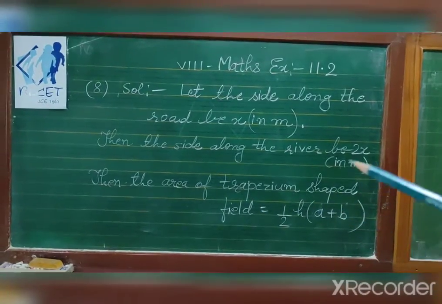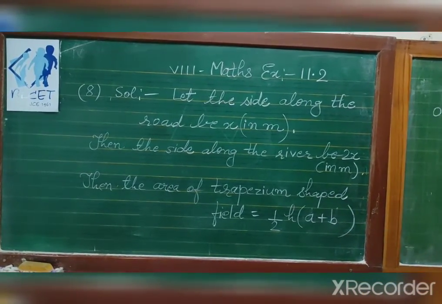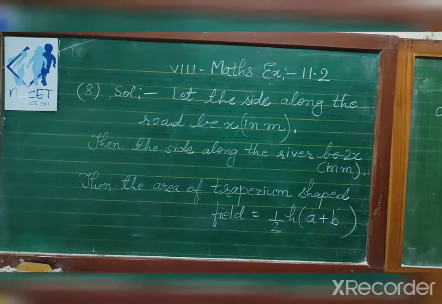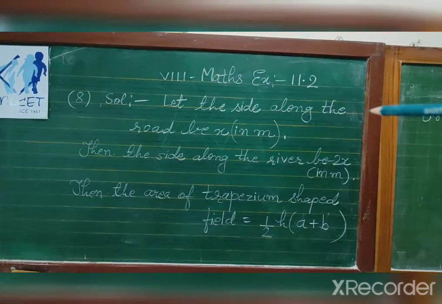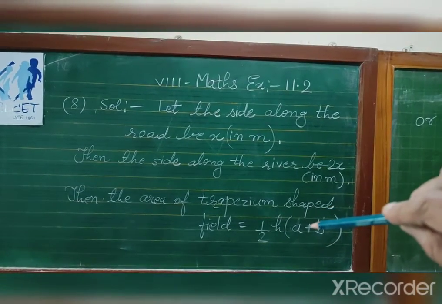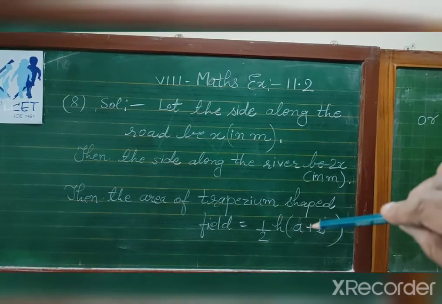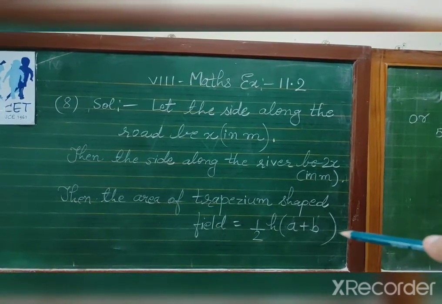Then the area of the trapezium shaped field is half into h into the sum of the parallel sides. So along the road we already assumed x, and along the river 2x.